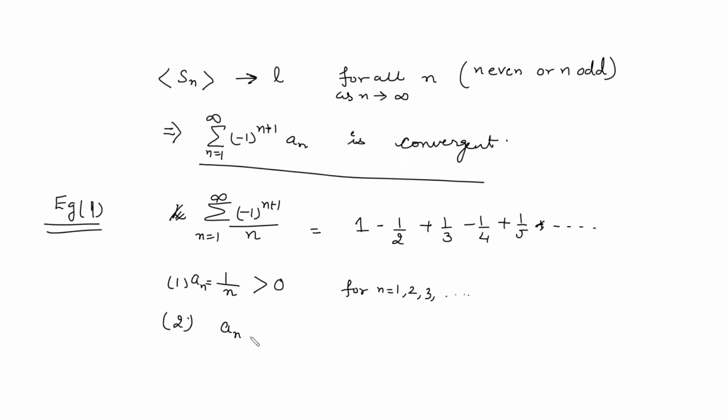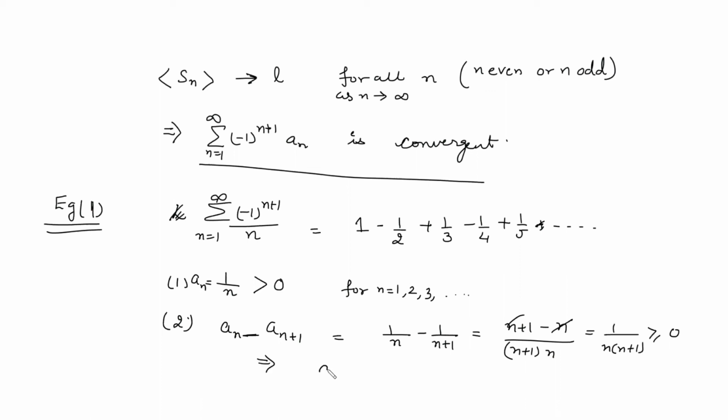Now you check the next condition, an minus an plus 1. So what will this be? You can take its LCM and simplify this. Now this is 1 upon n into n plus 1. Clearly it is greater than or equal to 0.